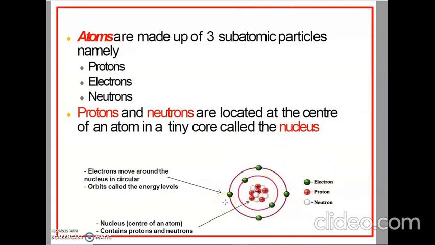Electrons move around the nucleus in circular orbits we call energy levels, and electrons are negatively charged. While at the center, the nucleus is made up of positively charged protons and neutrons, which have no charge.